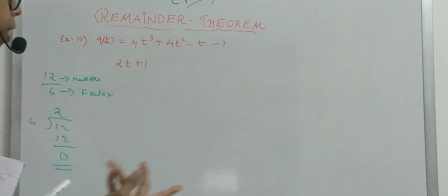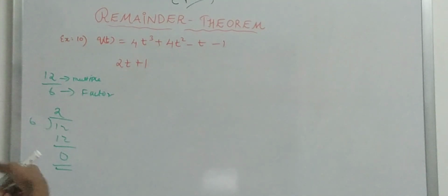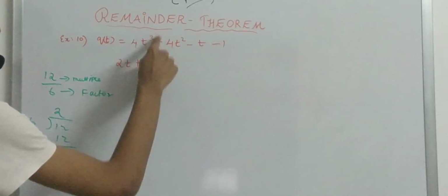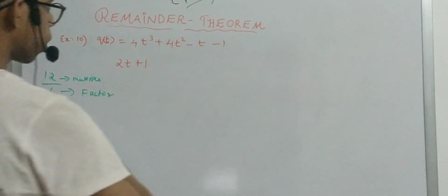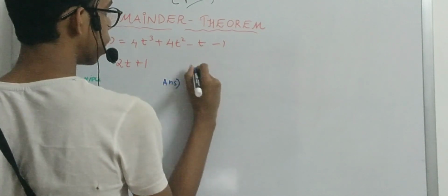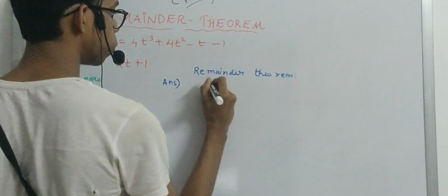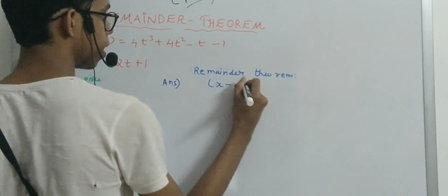Now how will we find the remainder? By using the remainder theorem. Okay, so here we are dividing this 4t cube polynomial with this number. According to our remainder theorem, what should we do first? We have to first find x minus a.